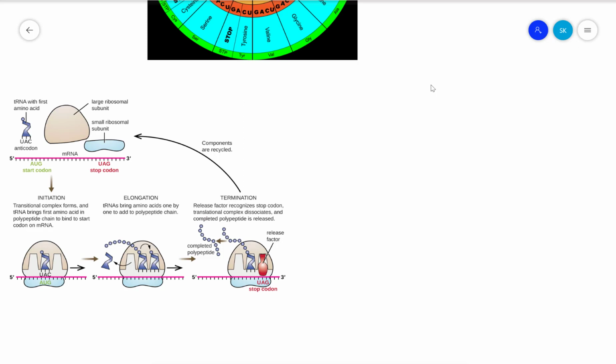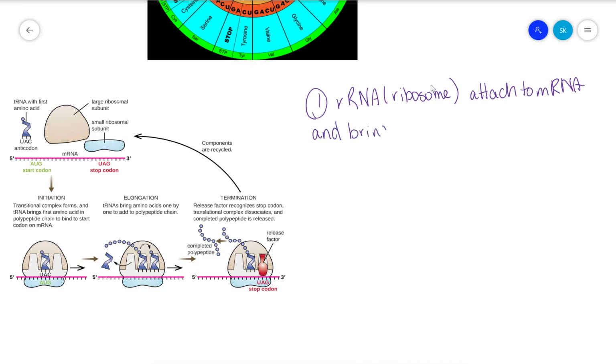So initiation, number 1, is where the rRNA or the ribosomal complex is going to attach to the mRNA and bring the tRNA to the mRNA.